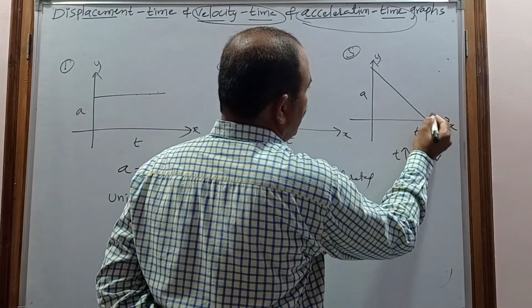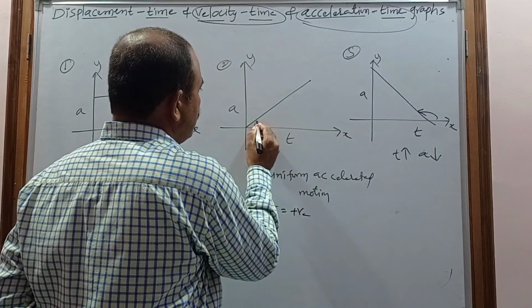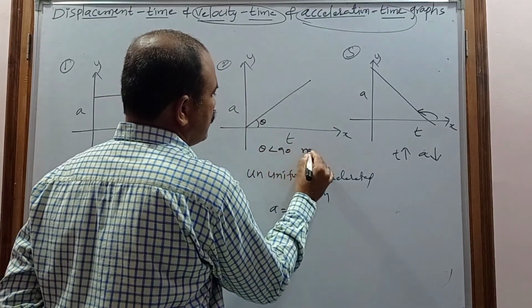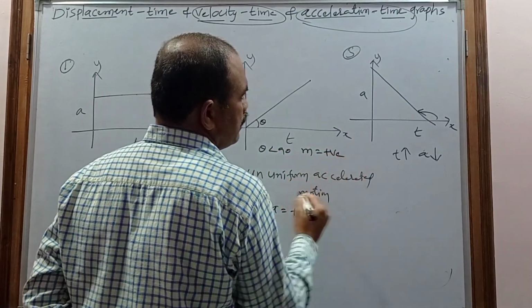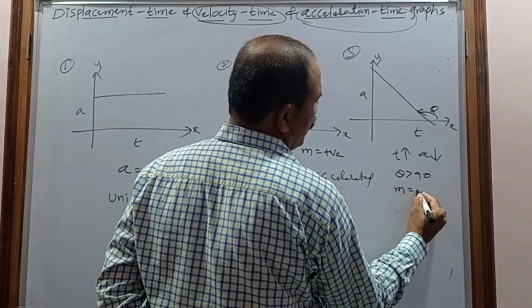The slope will be all negative here. In the other, the slope is positive: theta is less than 90, so m is positive. Here theta is greater than 90, so the slope is negative.